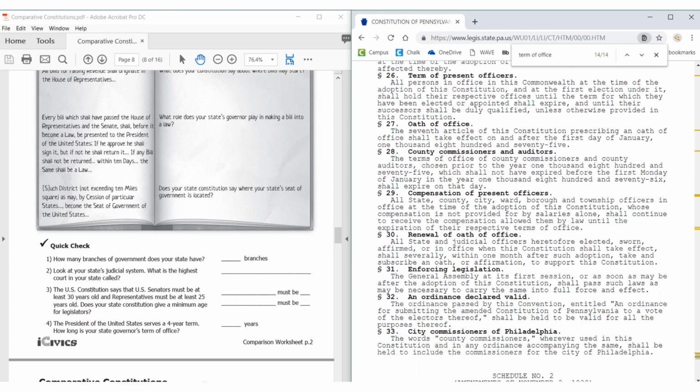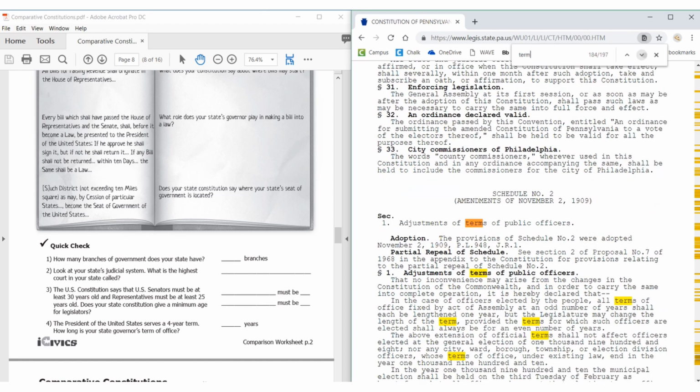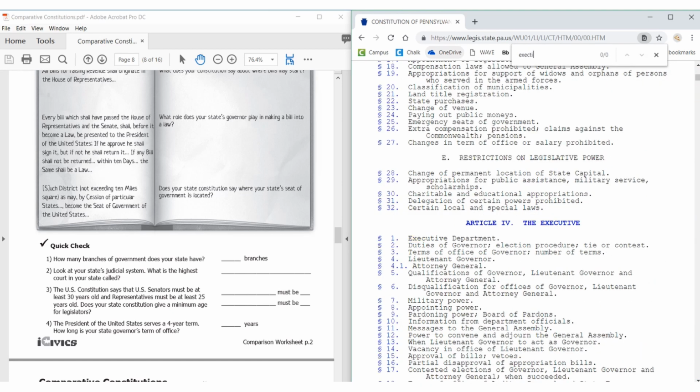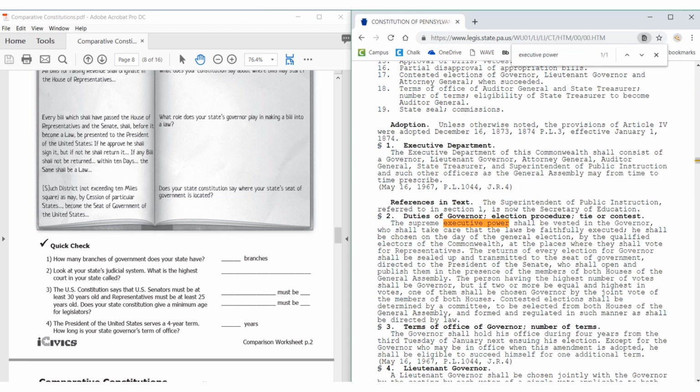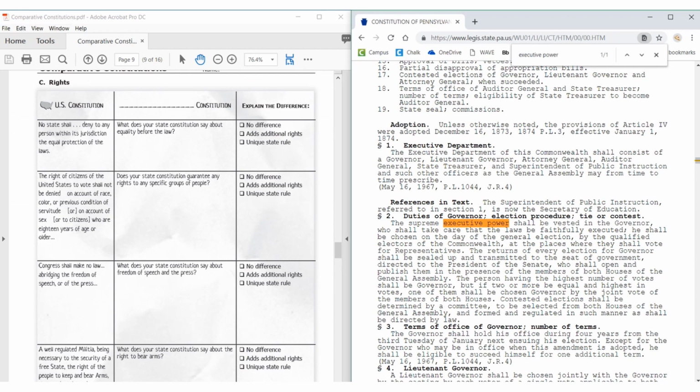Oh, it's only going to give us the judicial branch, so let's go to term, and as we see we have a lot of those, but if we go back to the executive power, we see terms of office instead of term of office, and I see right here 4 years. So there is your answer there.